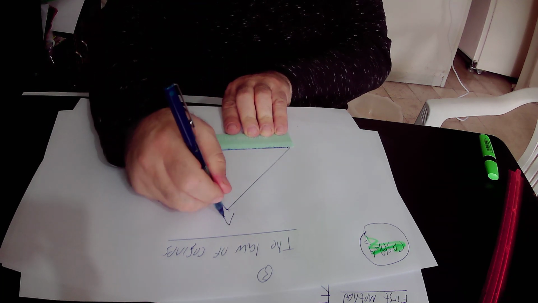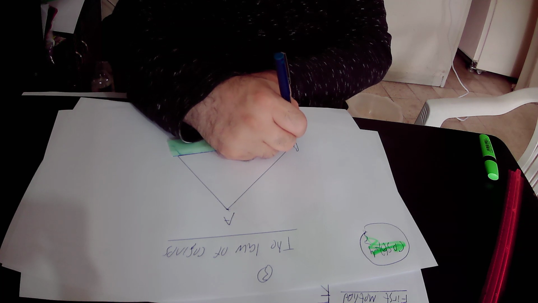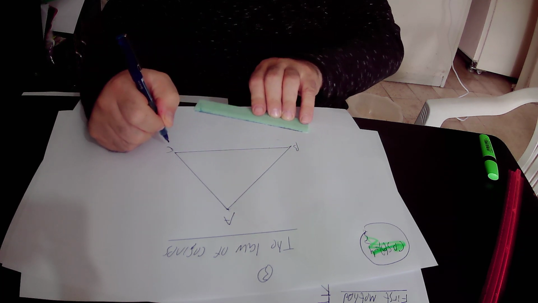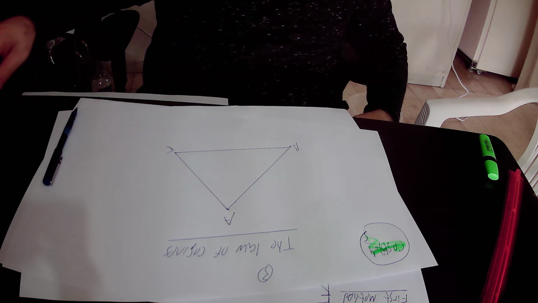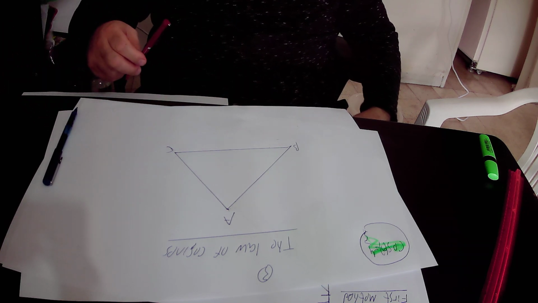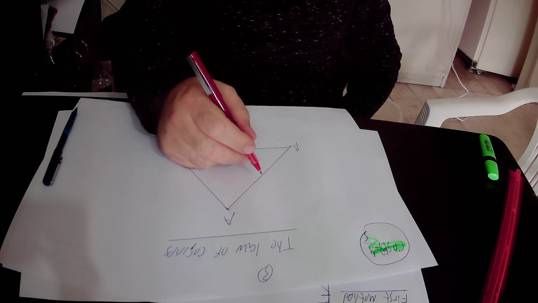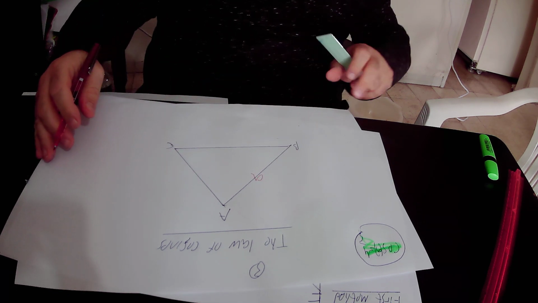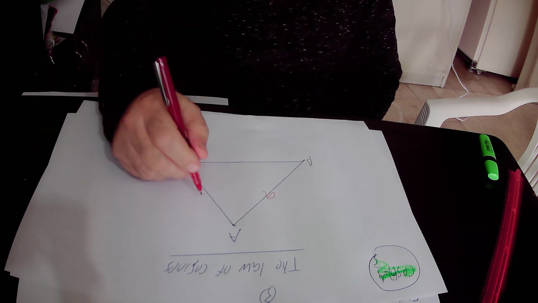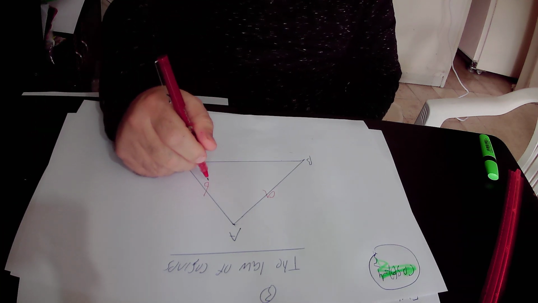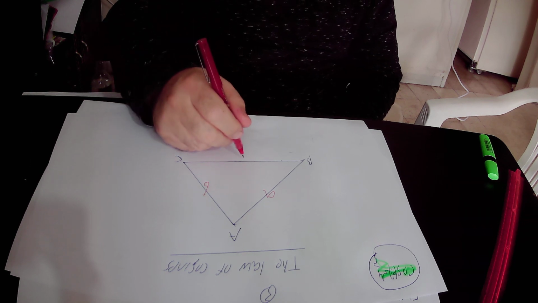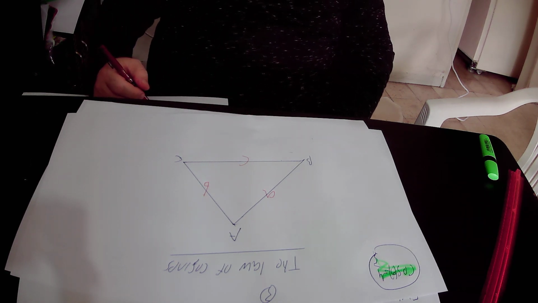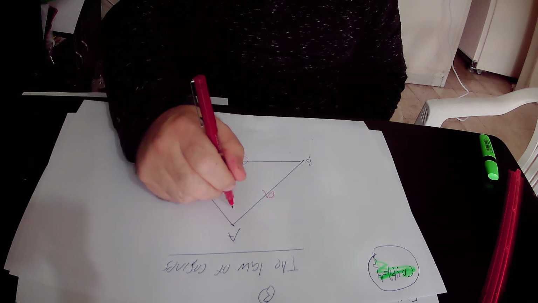We know that side AB of triangle ABC equals a units in its length. Side AC of triangle ABC equals b units in its length, and side BC equals c units in its length. And the angle between side AB and side AC is alpha.